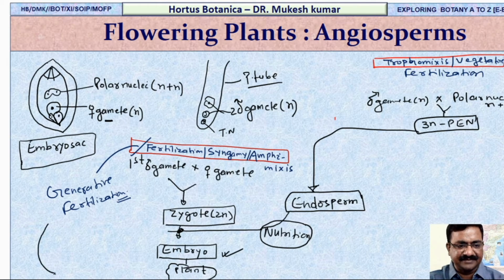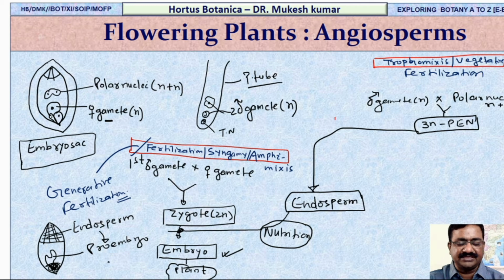Now try to understand. How does this embryo develop after fertilization, right? You will find that after fertilization there is endosperm. It's proembryo. So they get nutrition from this endosperm and finally develop into embryo and finally into the plants.